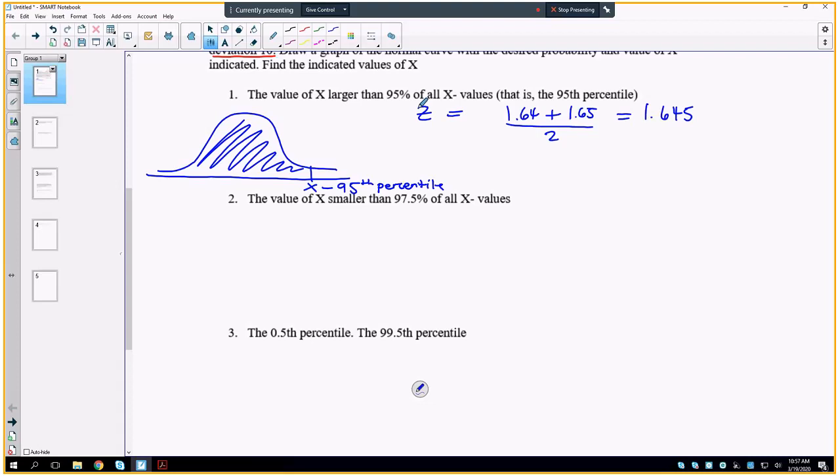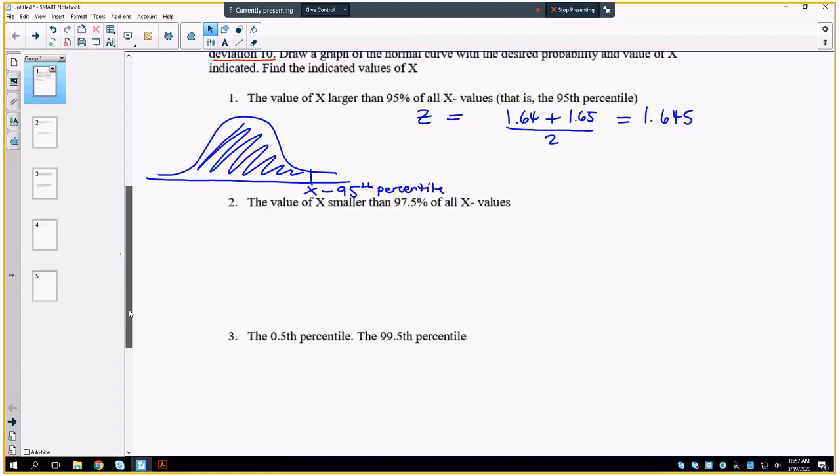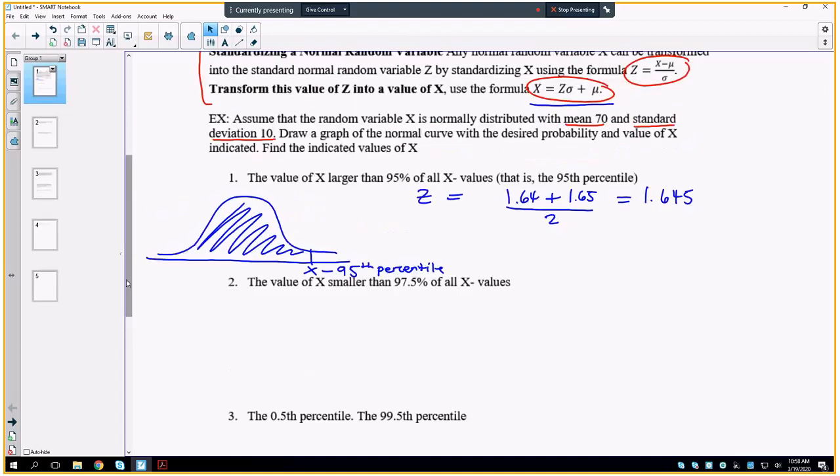But the problem asks me for the x value, so I need to go back and remind myself, how do I go from z to x? Well, I'm going to use this formula. X is equal to z, so that's 1.645, times the standard deviation, sigma, plus the mean mu.